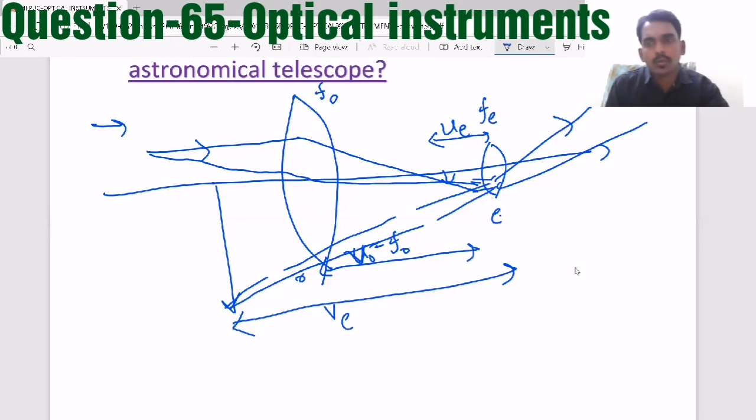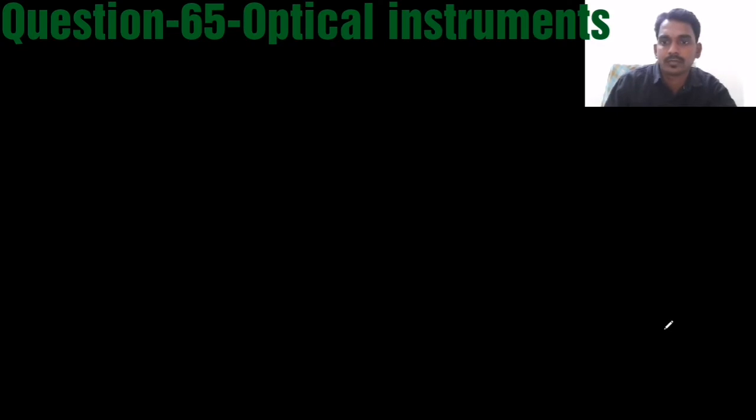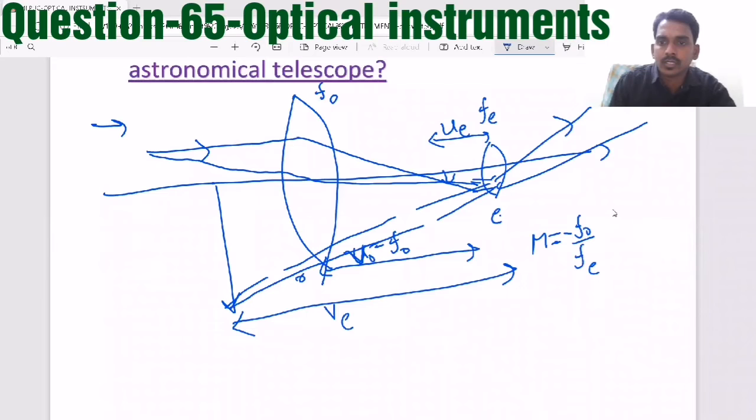the magnification produced by a telescope, the general formula is m equals, there are two cases again, minus f naught by fe into 1 plus fe by ve.